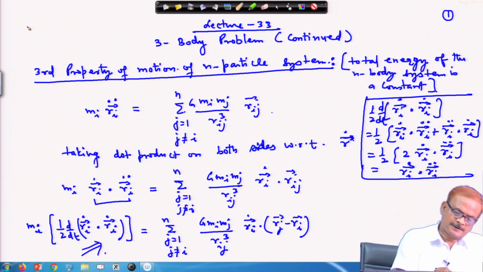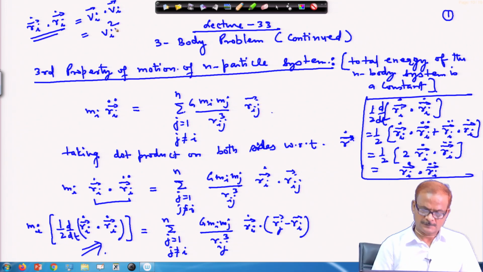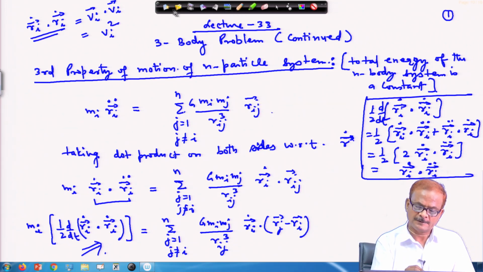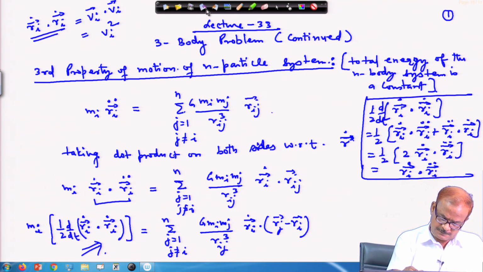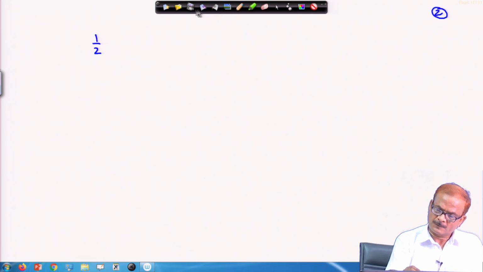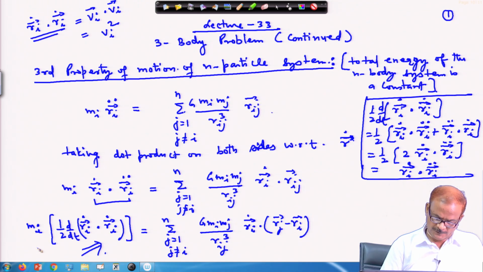Also you can observe that r I dot dot r I dot, being a dot product, is nothing but V I dot V I, that means a V I square term. So, on the left hand side we then have 1 by 2 times m I d by dt V I square.